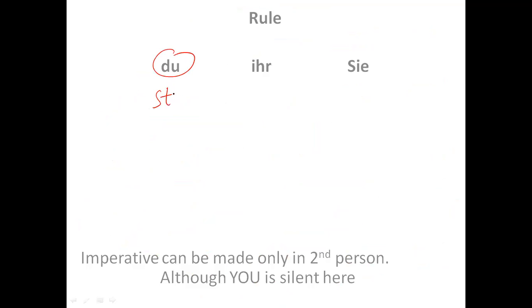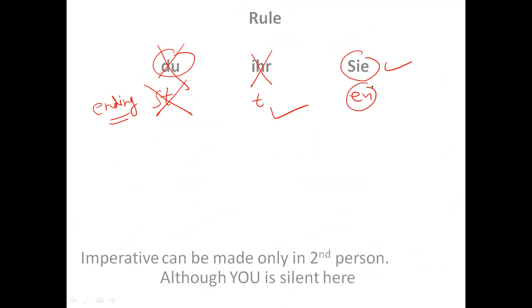The ending st will not come, and du will also not come. In ihr, ihr will not come, but the t ending will be there. Here Sie will come and the en ending will also come.